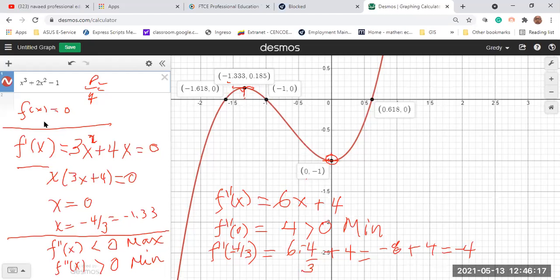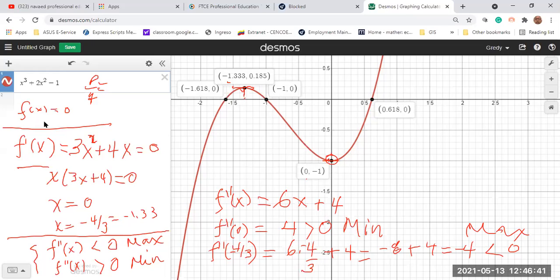So it's negative, and negative means it's a maximum, right? So according to the rule, that is what happened. That's the way we do the analysis of maximum and minimum.